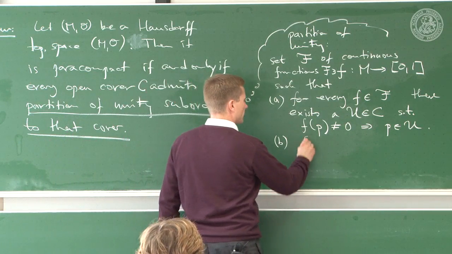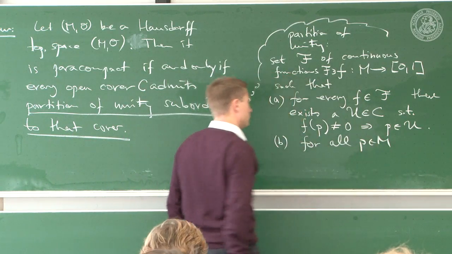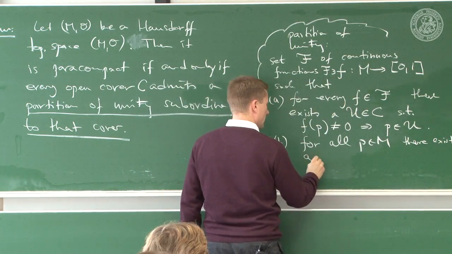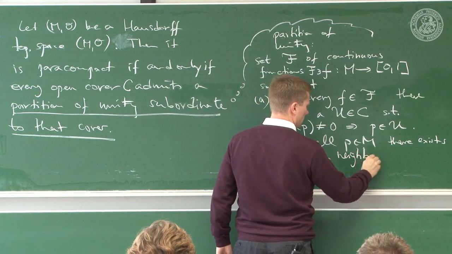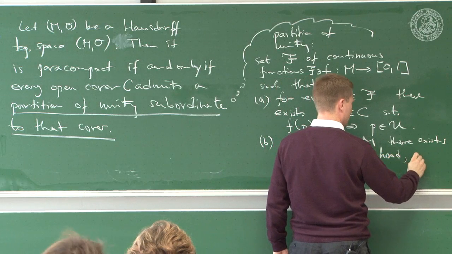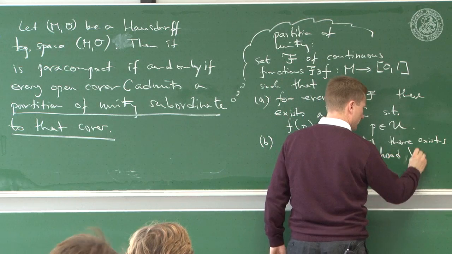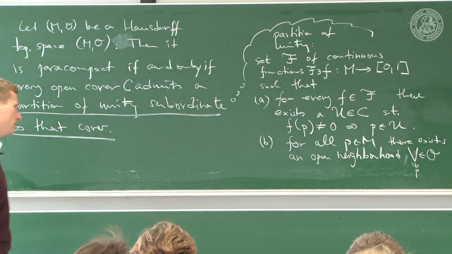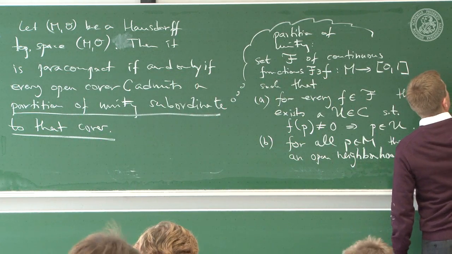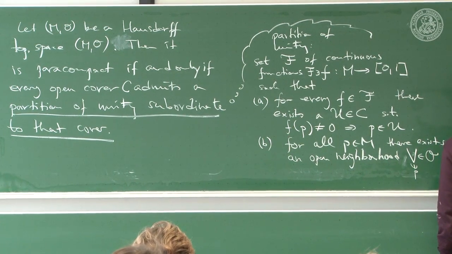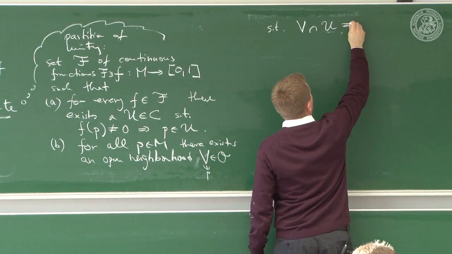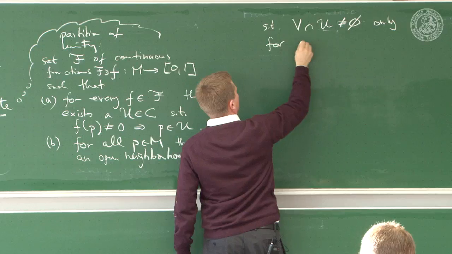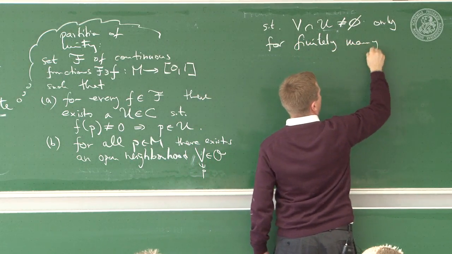The second condition is that for all points p in the manifold, there exists an open neighborhood V that contains p and that itself is open, such that V intersection U is non-empty only for finitely many U in the cover.